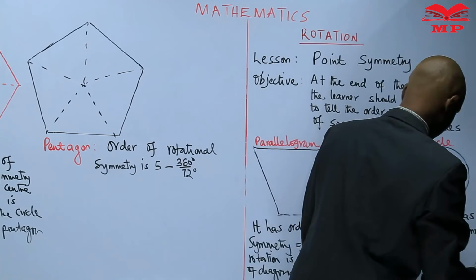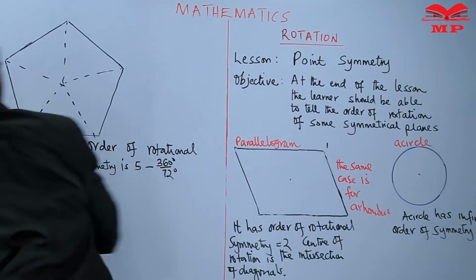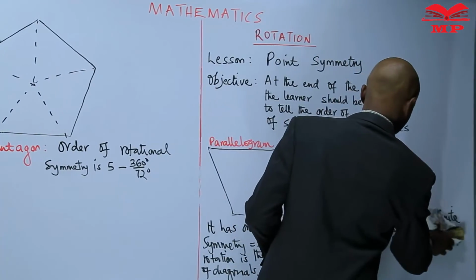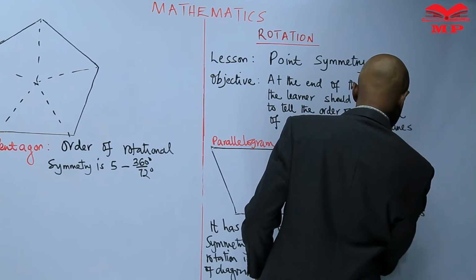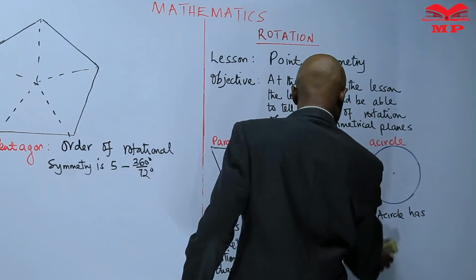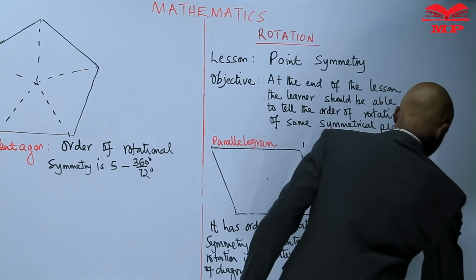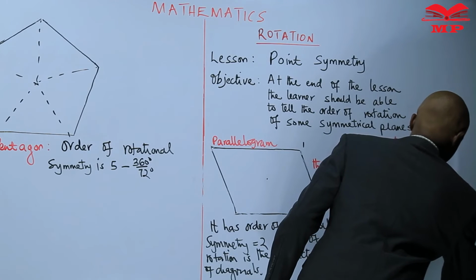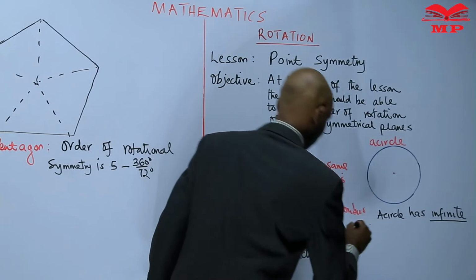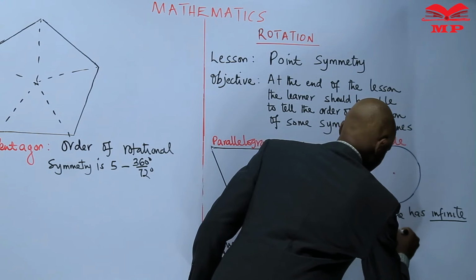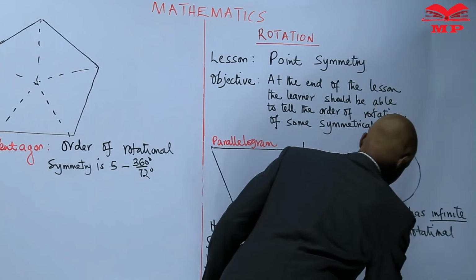We say a circle has infinite, uncountable order of rotational symmetry.